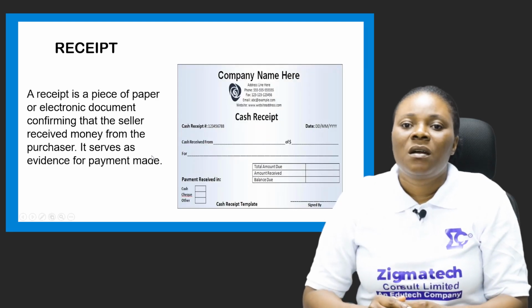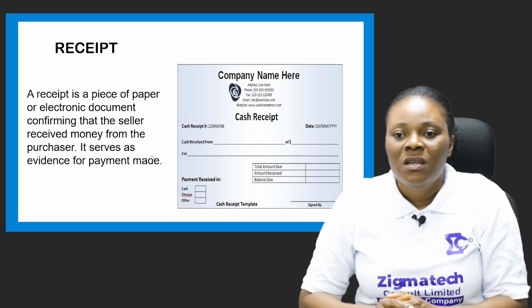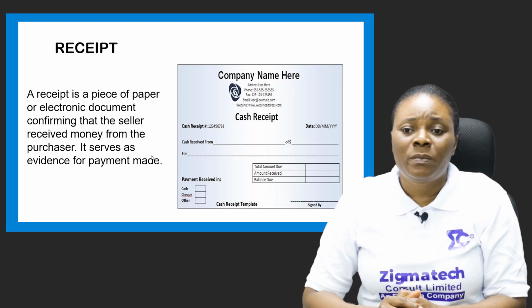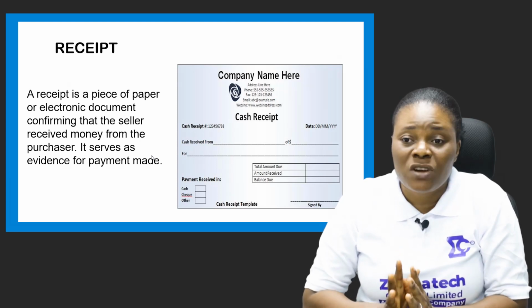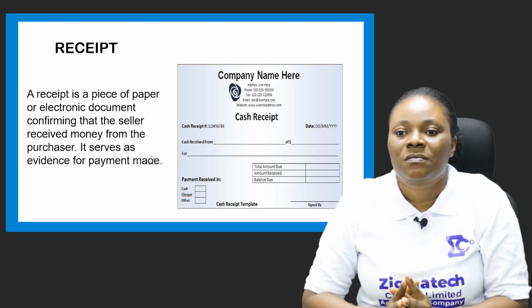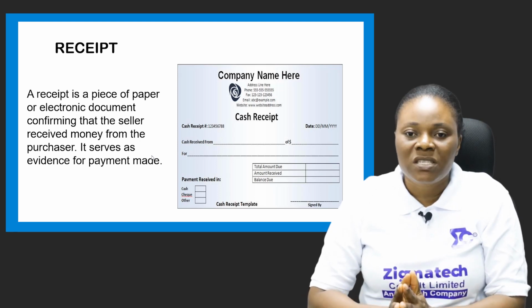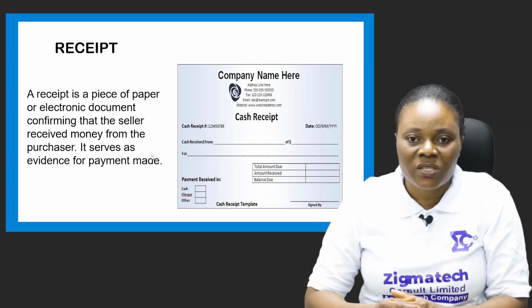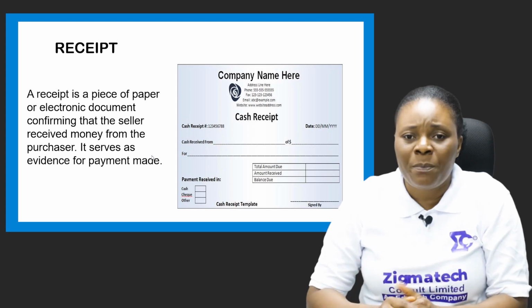The last purchase document we will look at is the receipt. The receipt is a document that is used by almost everybody. Every transaction that involves cash is meant to be accompanied with a receipt. So what's a receipt used for? A receipt can be in form of a piece of paper.